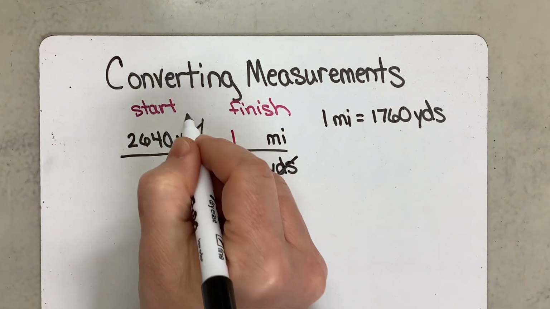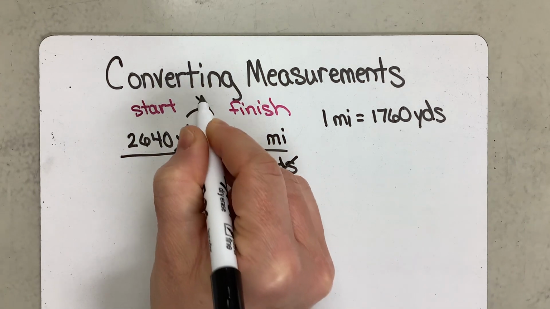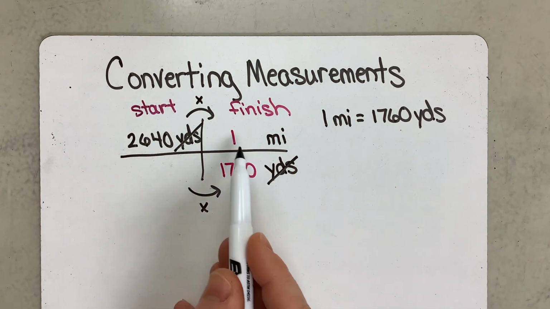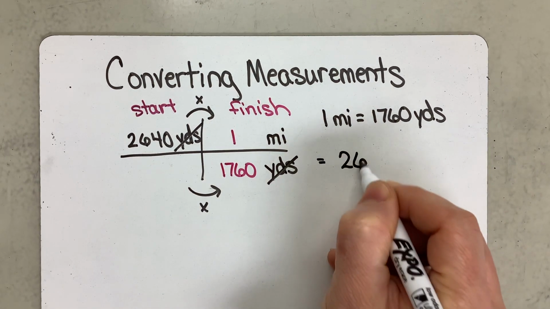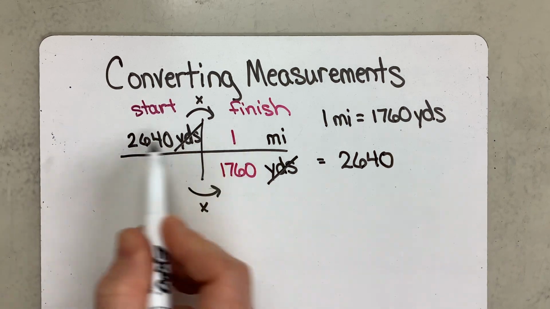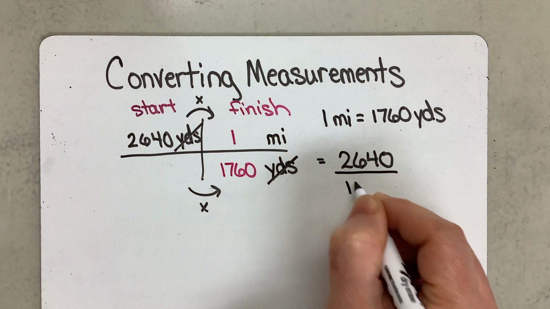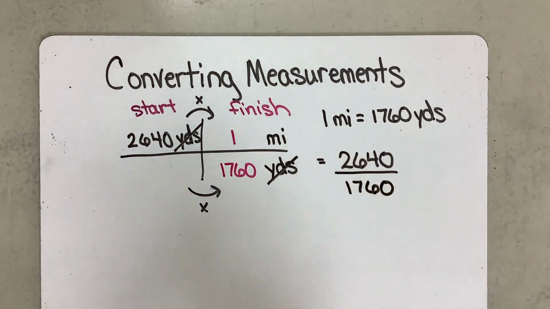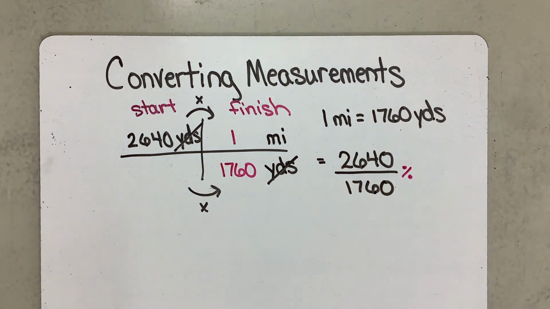Now, when they are next to each other, whether on the top or the bottom, we will multiply. 2,640 times 1 is 2,640. Now, this is a fraction. There's the numerator, there's the denominator. So that means the 1,760 goes on the bottom. And we know that the fraction bar means we're going to divide.